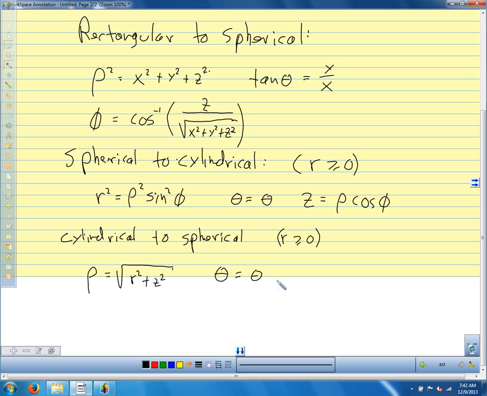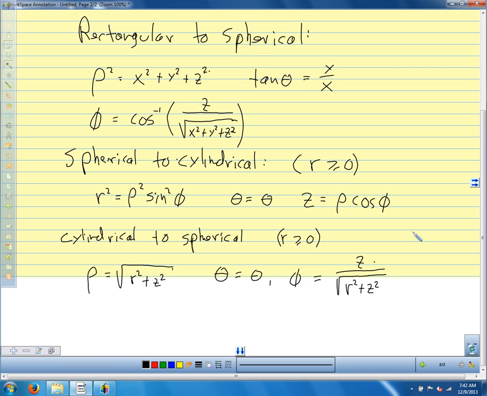Theta equals theta, and phi is the inverse cosine of z over the square root of r squared plus z squared. So not difficult to convert back and forth from spherical to cylindrical either. So those are our conversions that we will use.